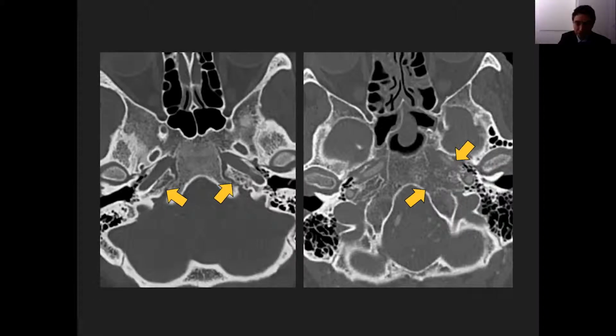Sometimes we may be able to see the classic matrix of rings and arcs, but oftentimes what happens in the skull base is that it may be hard to define whether this is truly a matrix or if we're seeing erosive change from the actual infiltration of the tumor.